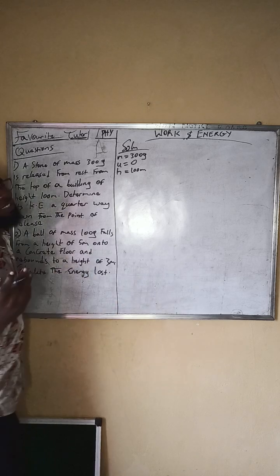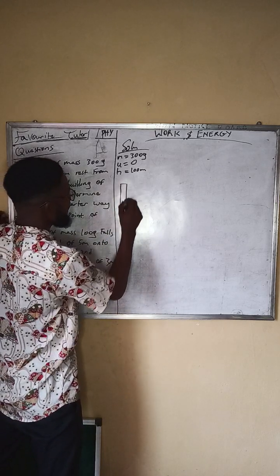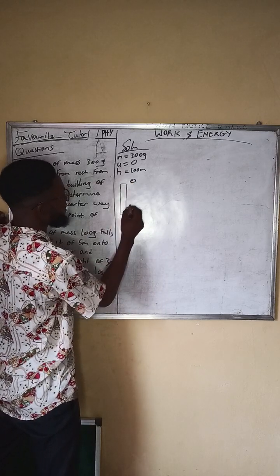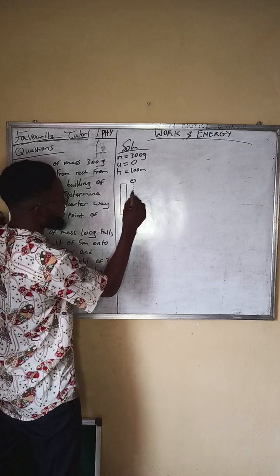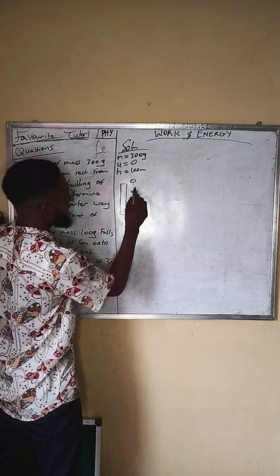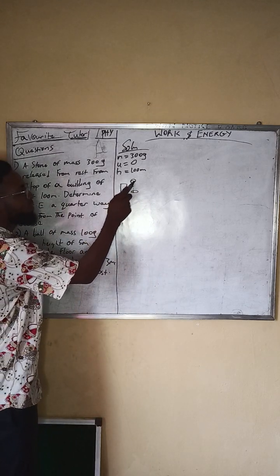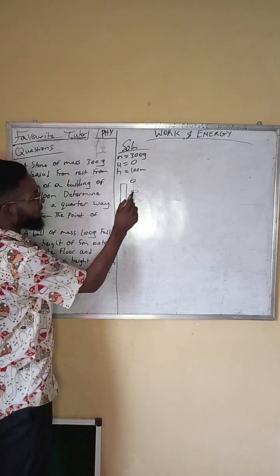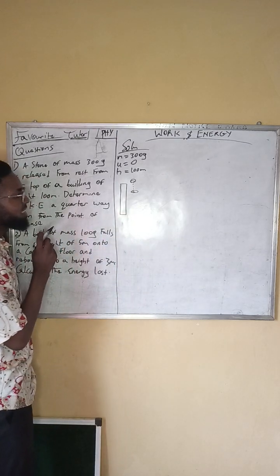Okay, let's use a diagram. If this is the height, this is the body released from height, a quarter way. So let us assume that the body is here. At maximum height, the body possesses only potential energy. Right here, it possesses potential and kinetic energy.